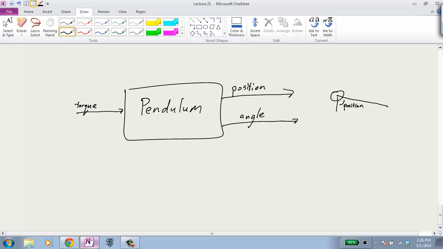And then we have the pendulum like this, and this is the angle. We have a little motor here, and this is just a hinge. We also are going to have some input signal. We'll worry about that later.